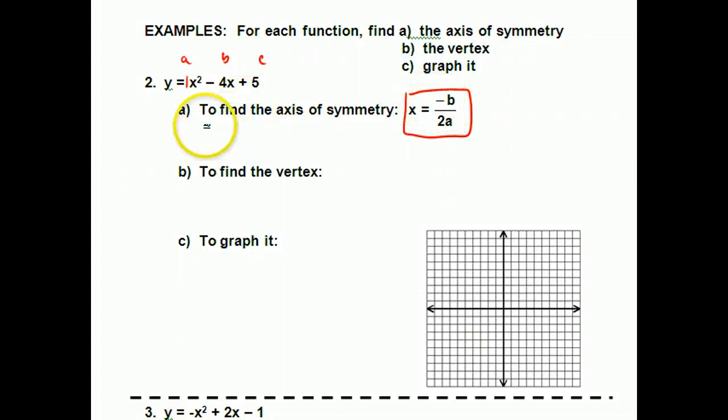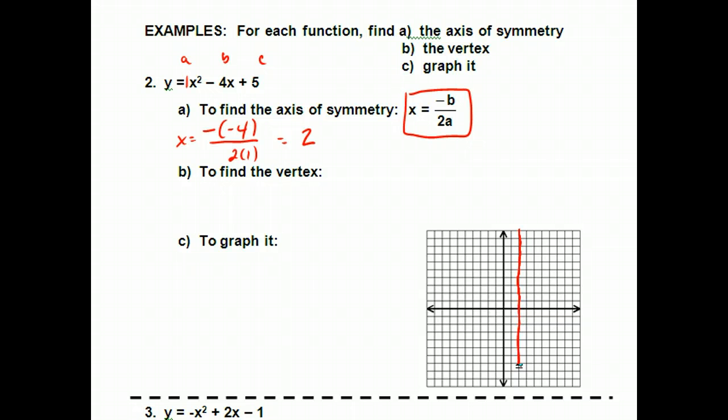We're going to use minus b, so minus 4, so x is equal to minus 4 all over 2 times 1. Okay, so that gives us 4 over 2 equals 2. So my line is the line right here, x is equal to 2.